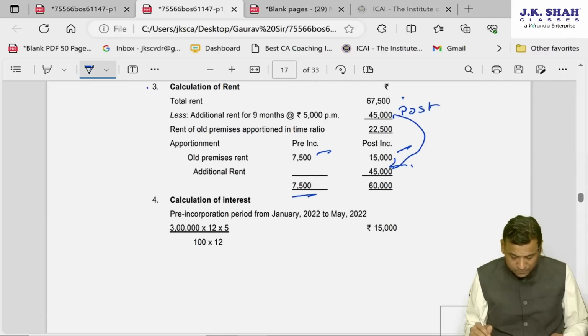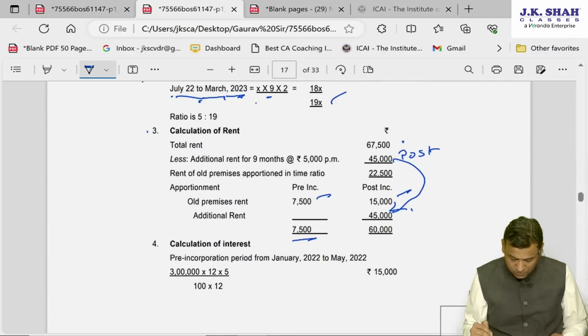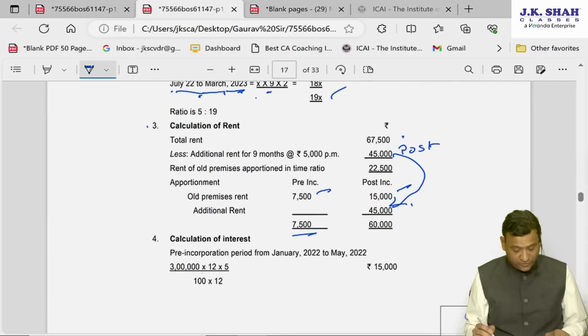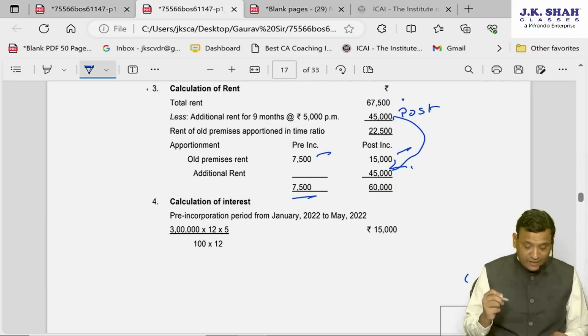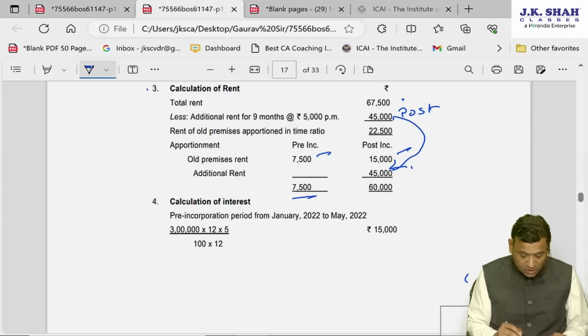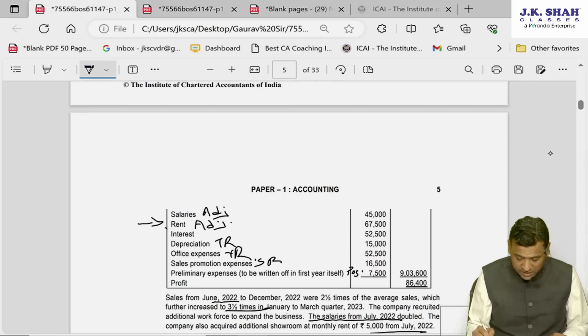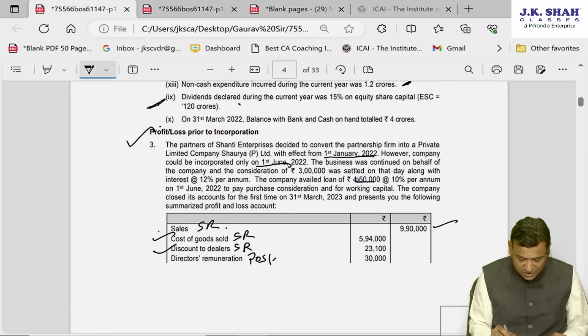Now coming on to the calculation of interest. Pre-incorporation period interest from January 22 to May 22. That is nothing but you have to pay interest. On what amount? If you look properly here, the question says you have to make payment of purchase consideration of 3 lakhs, and on that 3 lakh it was settled at 12% per annum.